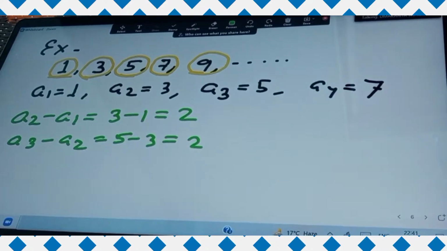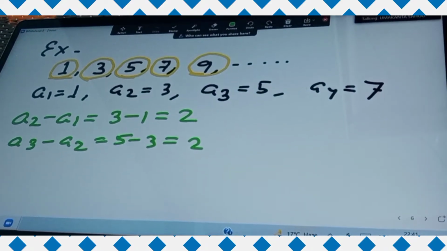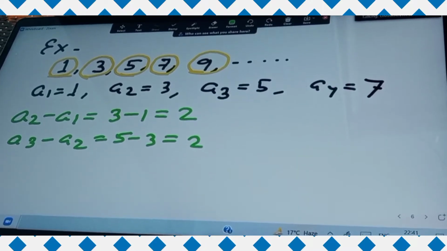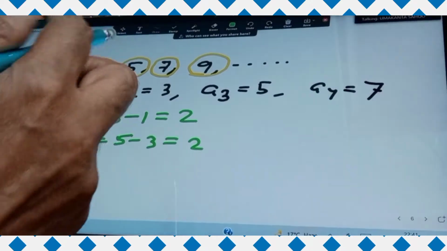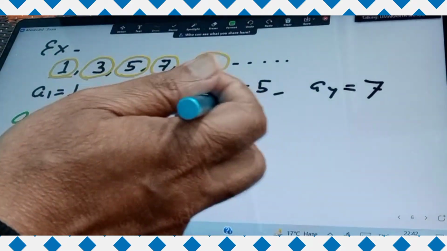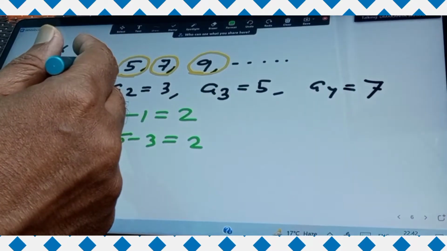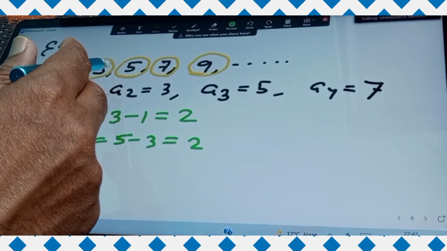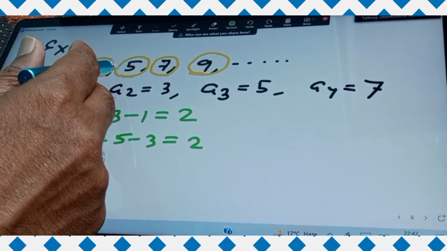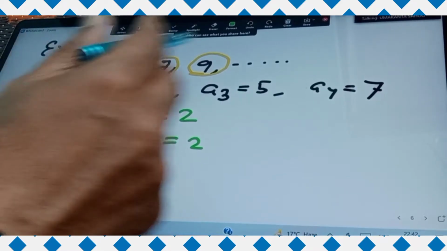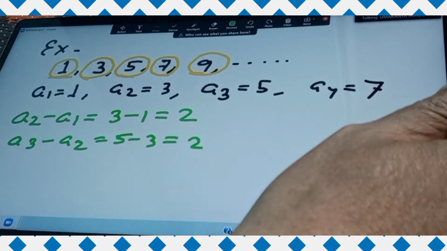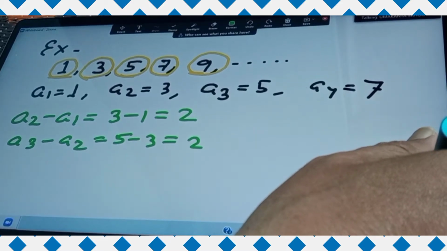So this is an arrangement of numbers, a group of numbers arranged according to a fixed, definite rule, in such a manner that the difference between the two consecutive terms is always 2. It means if you find the difference of every term to its preceding term, the value is always 2, so we can say this is a sequence. Is it clear? Understand?